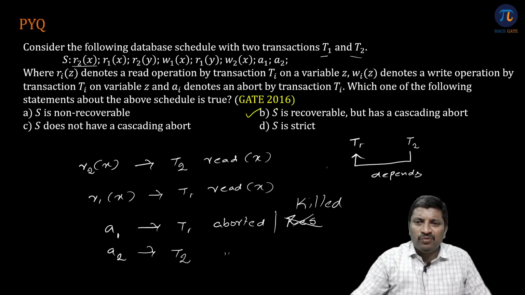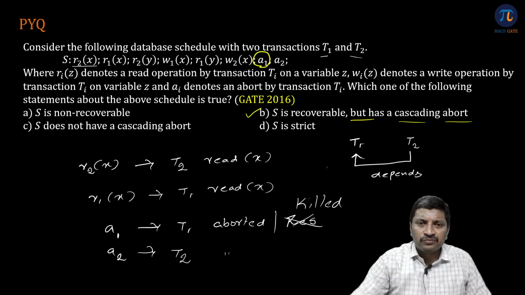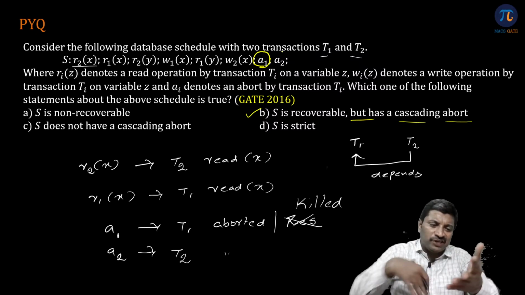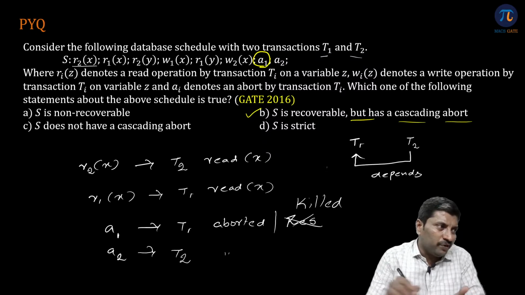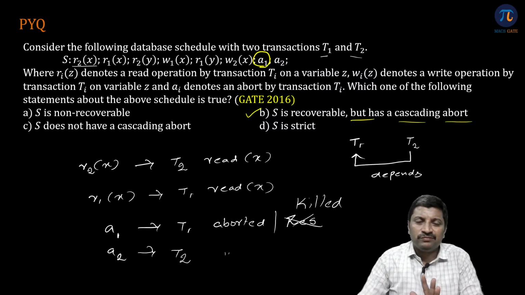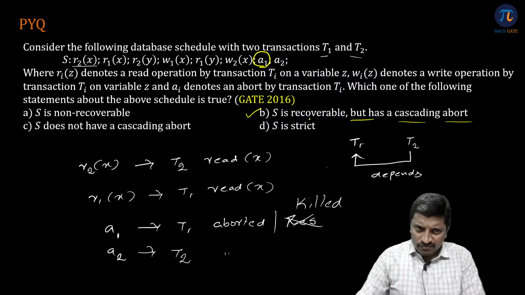It is recoverable but has a cascading abort. Why cascading abort, sir? Since T1 restarts, something like he struck out and again he is restarting, then automatically T2 also thinks, oh, something might have gone wrong. Again, let us restart. So S is recoverable, but is having a cascading abort. Am I clear, sir?